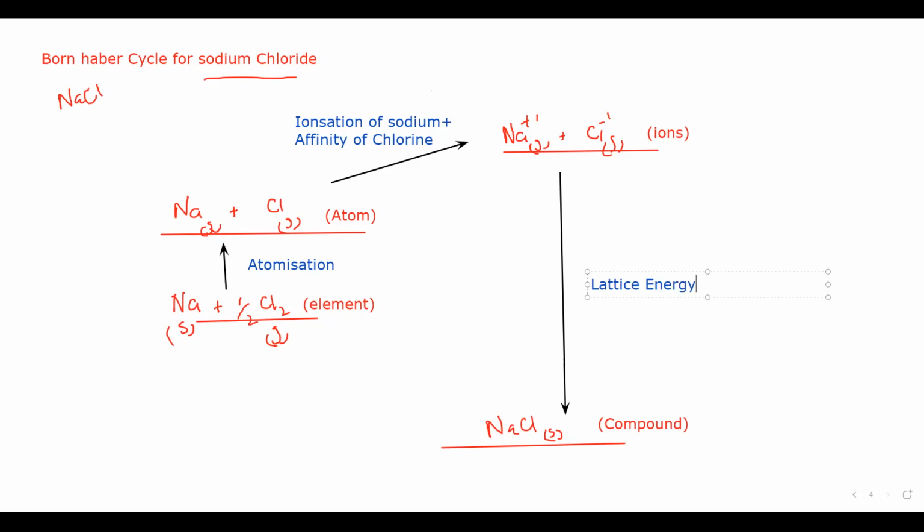And when elements form the compound directly, we call that formation. So this is the Born-Haber cycle for sodium chloride. Is it clear how we completed the Born-Haber cycle for sodium chloride?